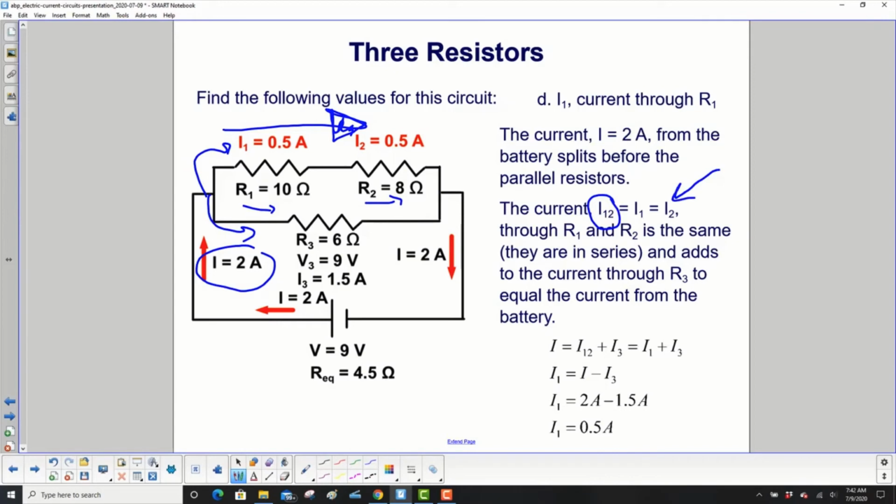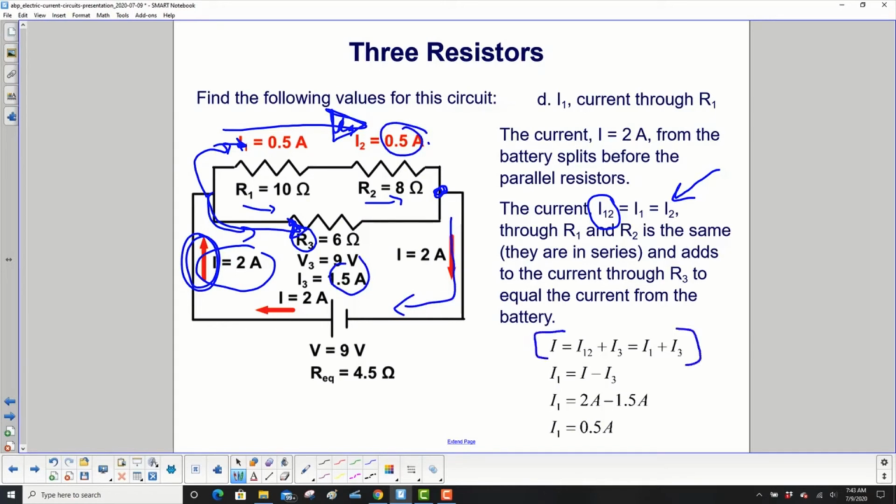They will add to the current that's going through R3 to equal the current from the battery. Right? We've got the 2 amps here. 1.5 amps goes through here, so that means a half amp has to go through here. They'll recombine at the other end, so you have 0.5 plus 1.5 equals 2 to get back to the battery.